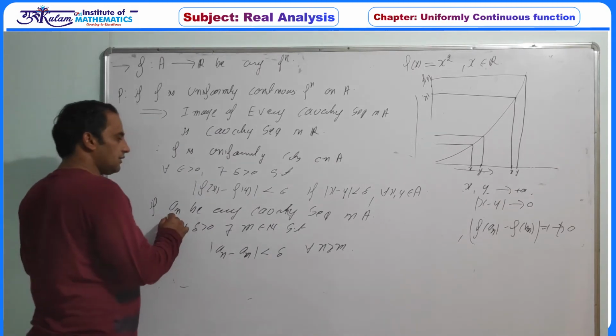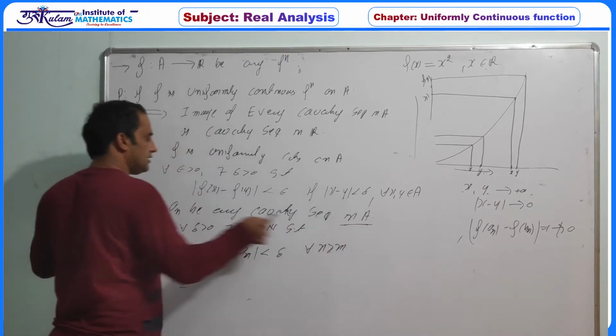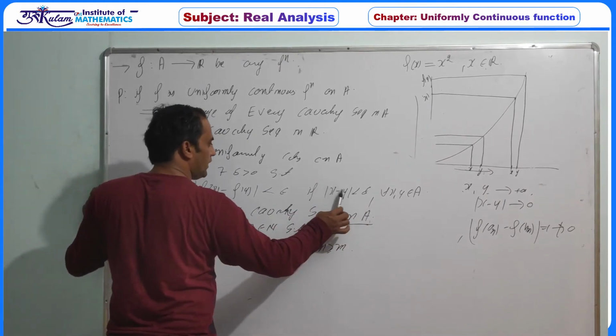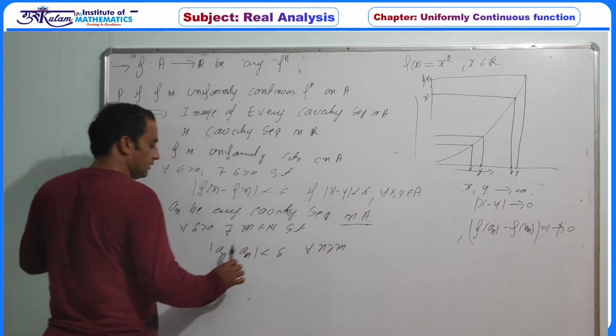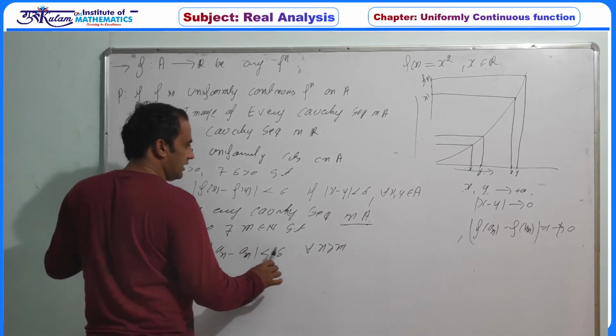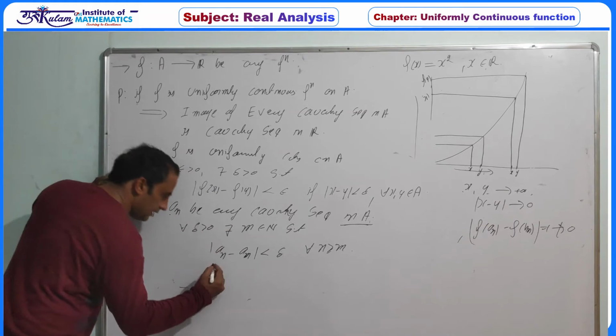Now AN is a sequence which is defined on A, that is each AN belongs to A. Whenever the distance between x and y is less than delta, say this is x and this is y, then the distance between fx and fy must be less than epsilon.